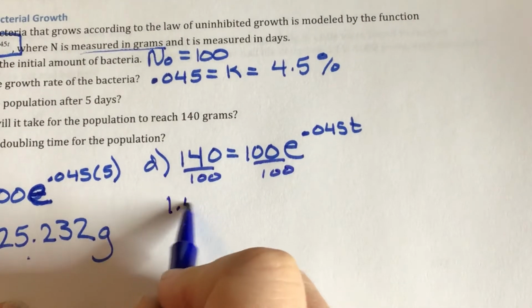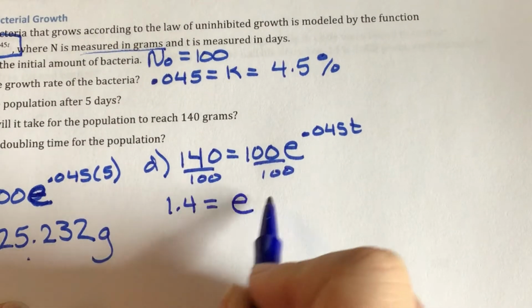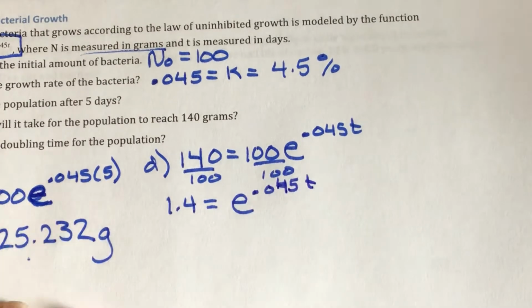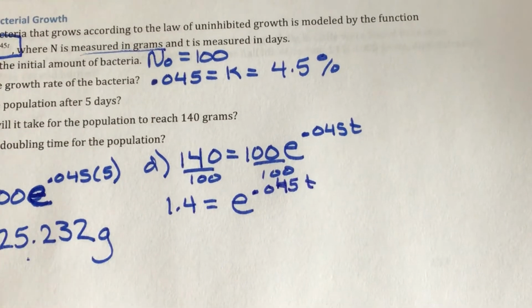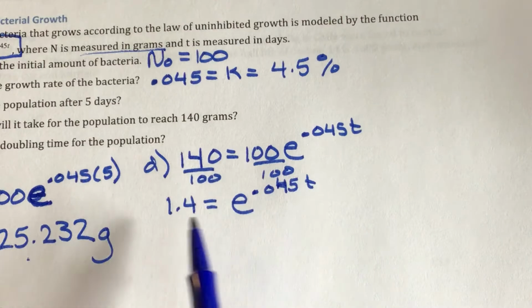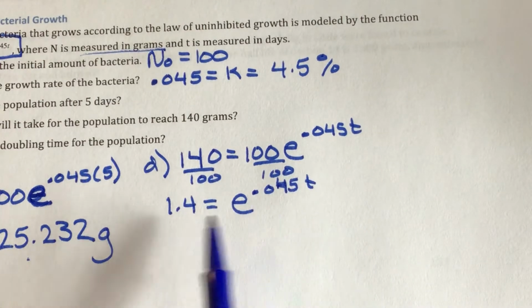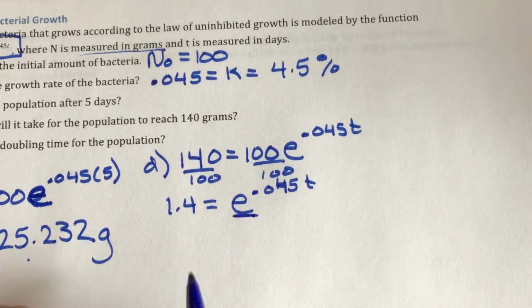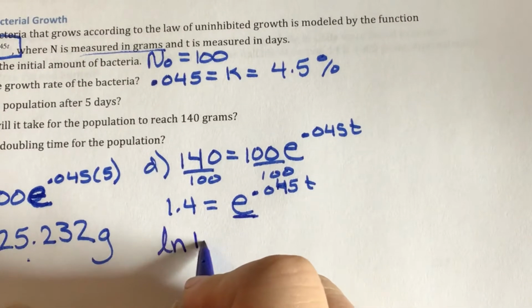So I have 1.4 equals e to the 0.045t. And just like when we're working with compound interest and finding t, our t is in our exponent, so I need to do the log of both sides. But because I'm working with e as my base, I'm going to do the natural log of both sides.